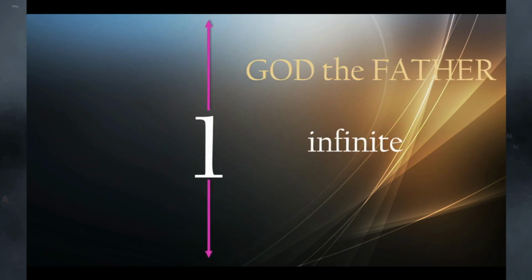Next, the shape of the one is infinite. It goes in this direction forever, and it goes in this direction forever. So even the shapes of the letters are communicating to you the truth of the meaning of the numbers.